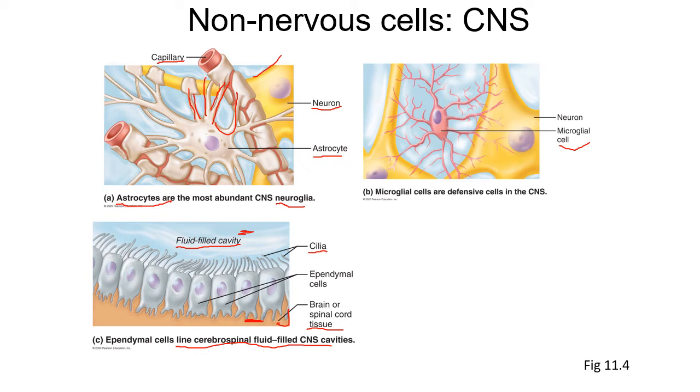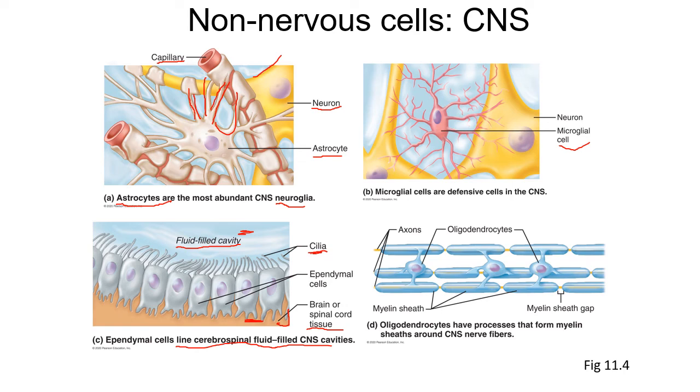We'll see a little bit next week. These help form that cerebral spinal fluid and help with the circulation of it, because the cilia help move things around a bit.